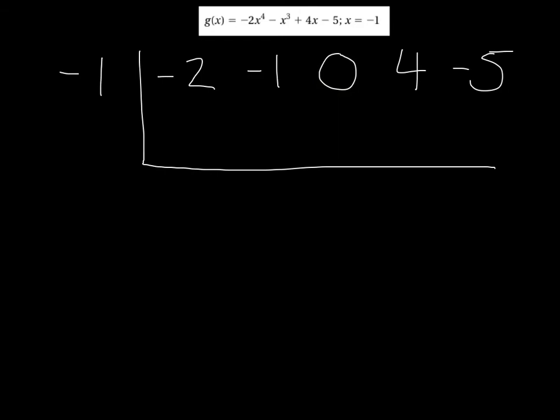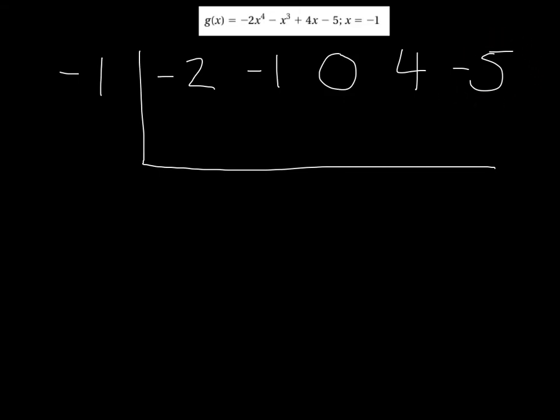So whatever your highest starting power is, in this case it's x to the fourth, you need to have an x to the fourth term, in this problem is negative 2, and x to the third term, which is negative 1, an x squared term, which is 0, an x term, which is 4, and an x to the 0, or constant term, which is negative 5.